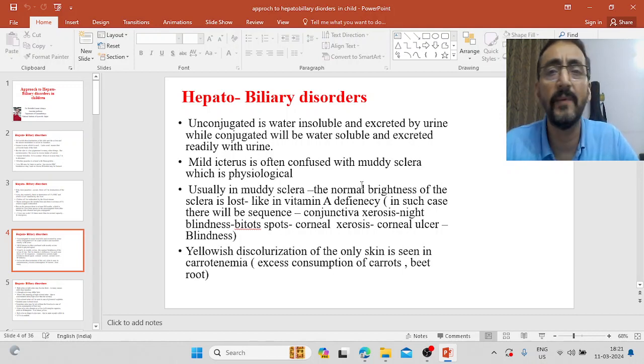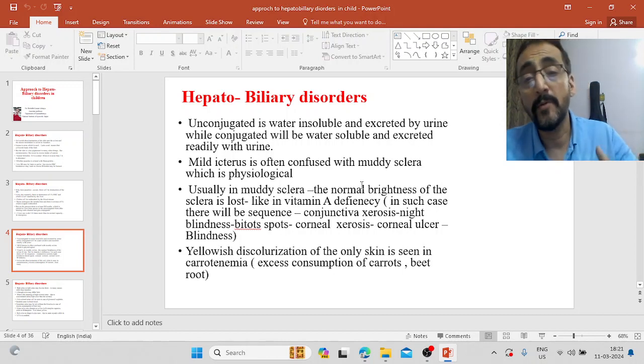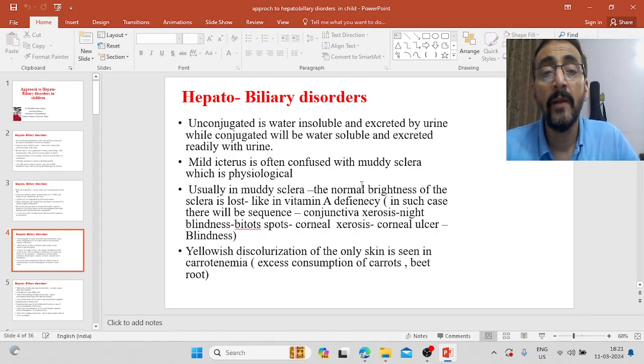Usually it can be seen in some storage disorders, or in some allergic disorders, because allergic conjunctivitis, etc. will be there in a patient who has allergy. The normal brightness of the sclera is also lost in some vitamin deficiencies, especially vitamin A deficiency.